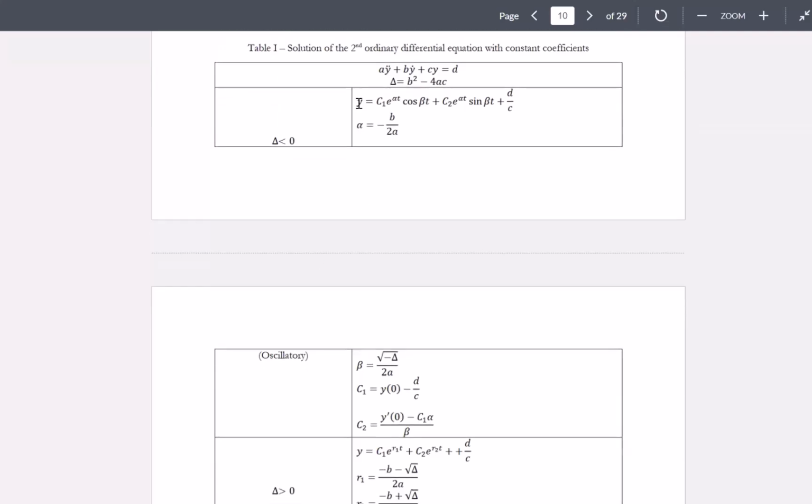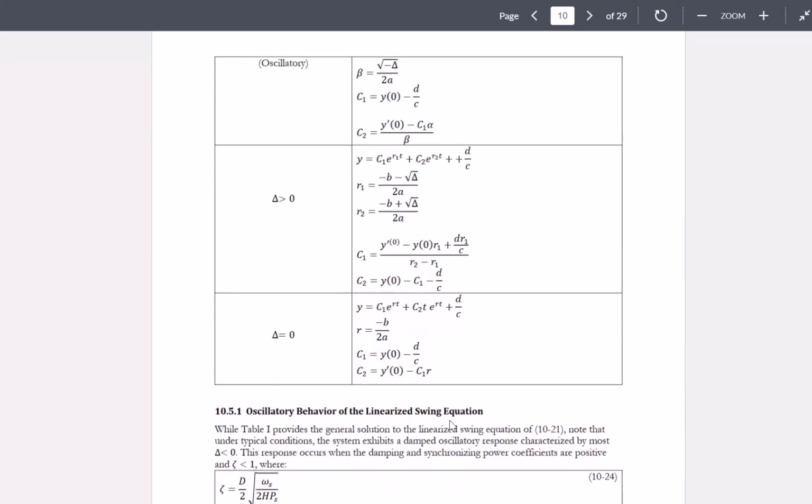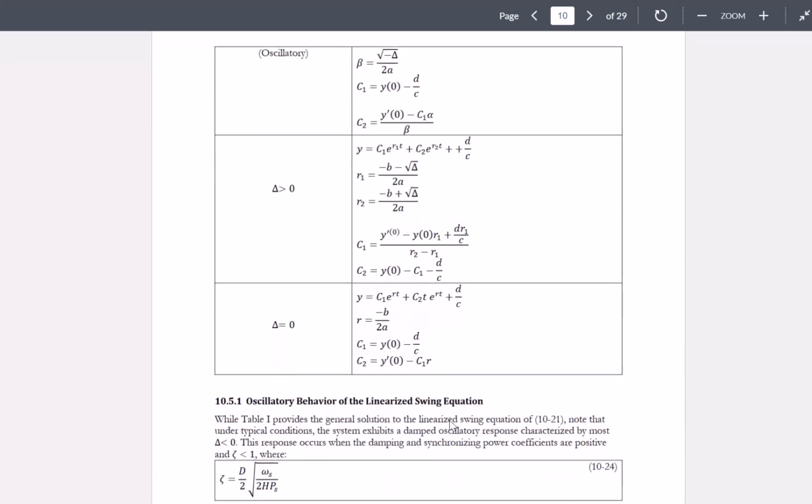And then the response of y would be based on C1, C2 constants, where these C1 and C2 can be found based on the initial conditions of the system, y0 and y prime 0. And when delta is greater than 0, you would have two real roots in your characteristic equation. And then the solution would be like this, again based on C1 and C2, where they can be found through these statements. And once delta is equal to 0, then C1 and C2 would be found based on these representations.